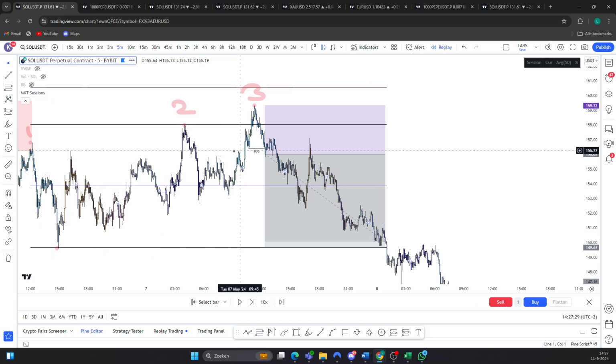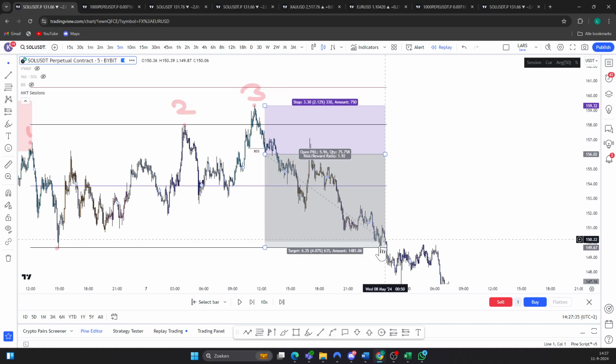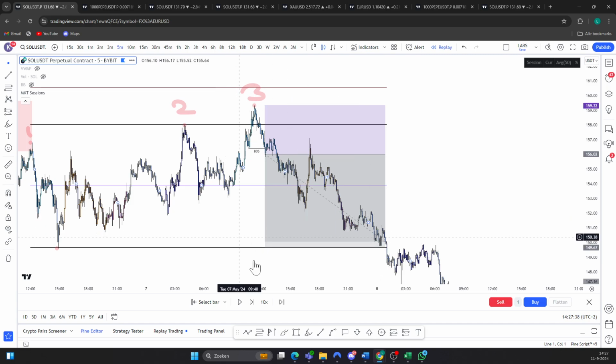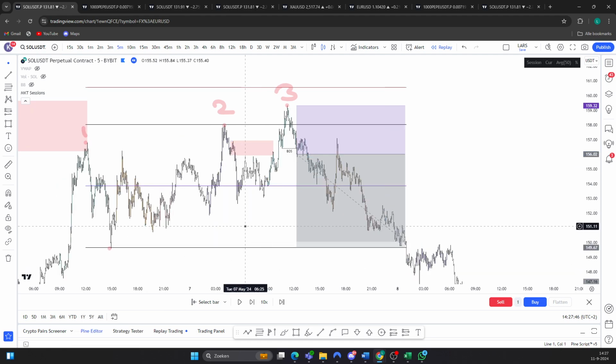And we enter on the break of structure back inside our original range values with our stop loss above our range high, and we target the low. We would have never gotten trapped into thinking we have a Model 2 because we never broke structure from the low up.